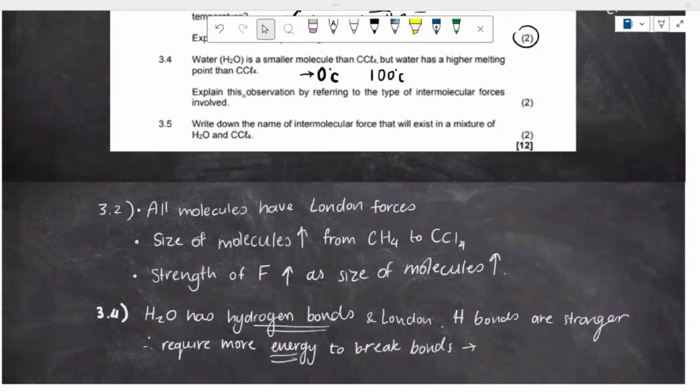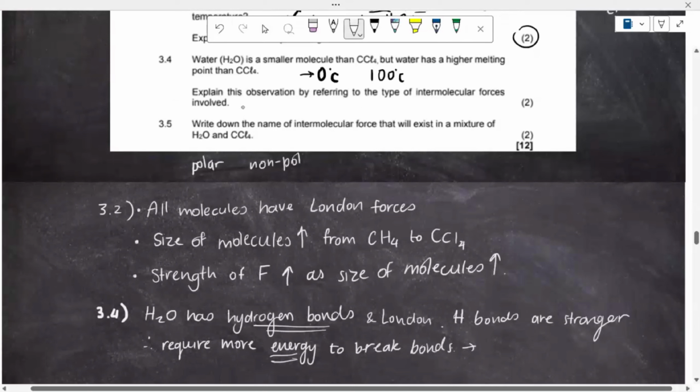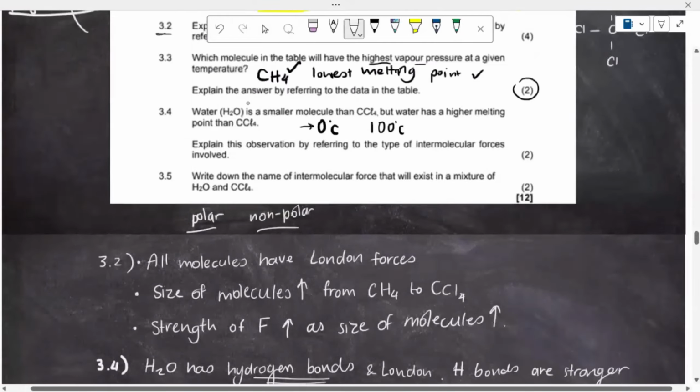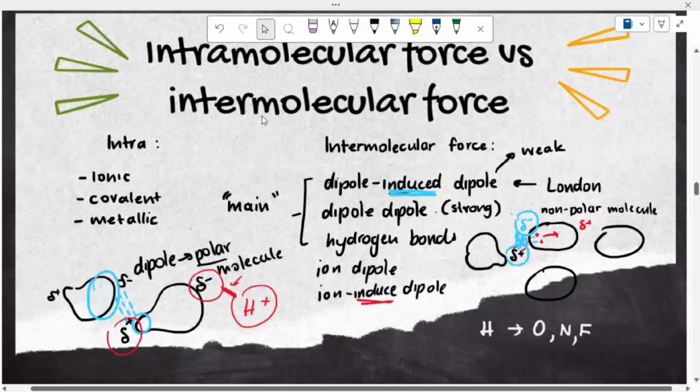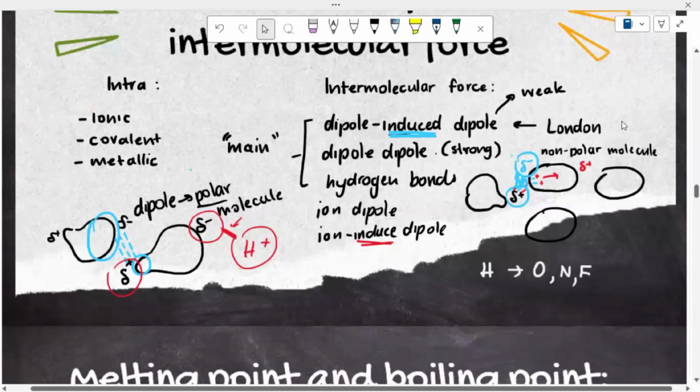So water's polar. We've already figured out that the CCl4 is non-polar, right? So now if we have a polar molecule and a non-polar, let's go back up here. Think about what intermolecular force we'll have. It will most likely be our dipole-induced dipole, because we have a non-polar molecule and another polar one.